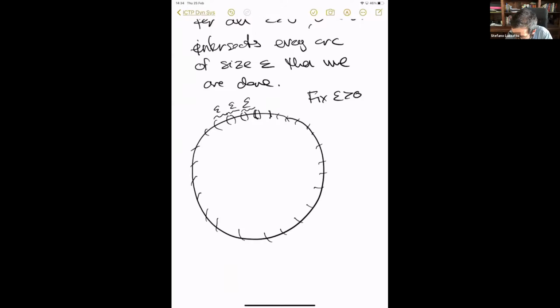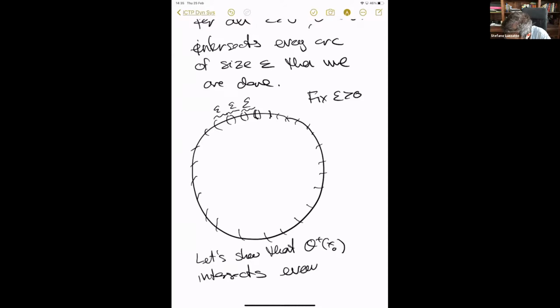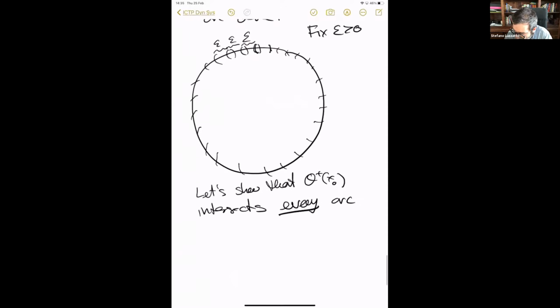And suppose we can show that the orbit of x naught intersects every arc that I have just drawn. If I can do this for every epsilon, then I'm done, because I have shown that I can approximate every single number.